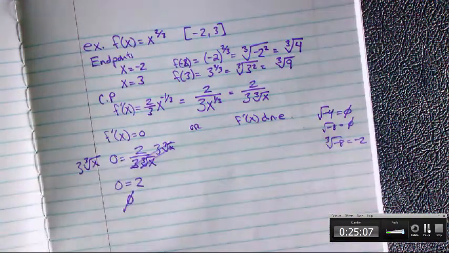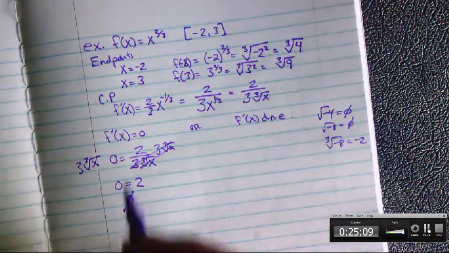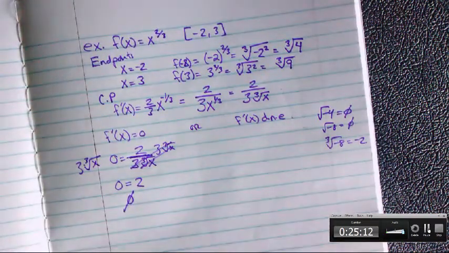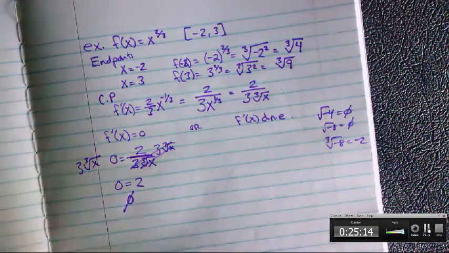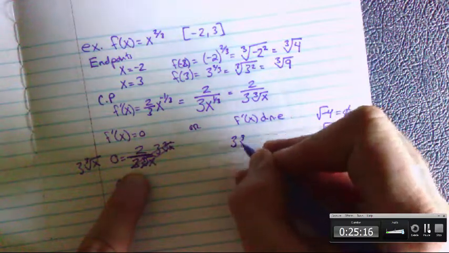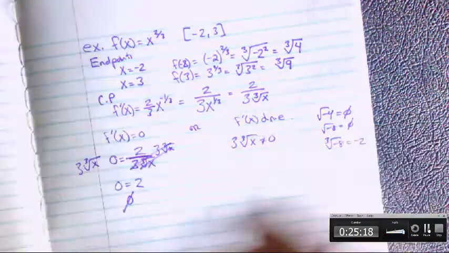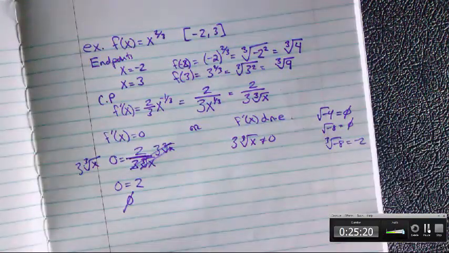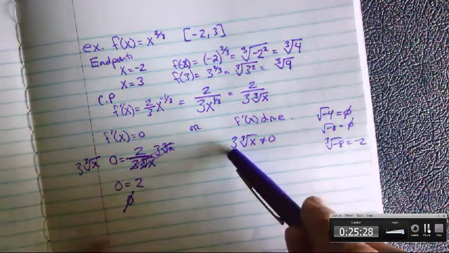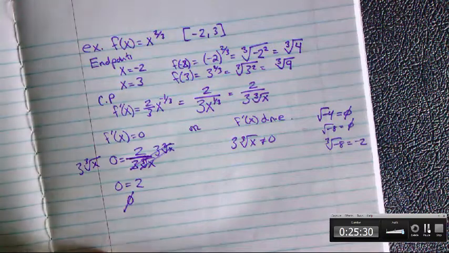So the cubed root is not an issue, but there is an issue with the fact that we have a fraction. We can't divide by 0, which means 3 cubed root of x cannot equal 0. So if we find out where it does equal 0, then that tells us where a critical point is. So how do we move the 3 over? Divide 3 over.